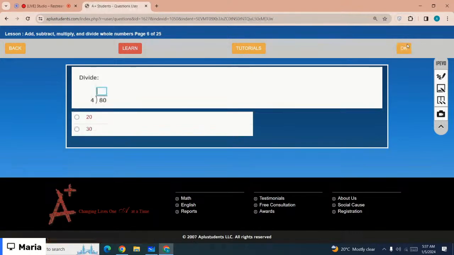You can divide. The next one is 80 divided by 4. Which is the correct option? Yes, the correct option is 20. Very good.